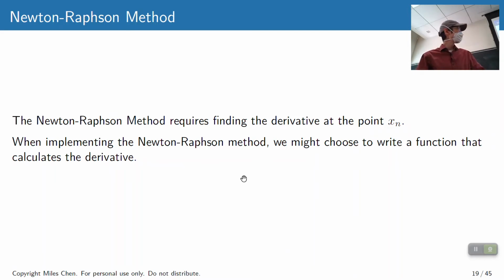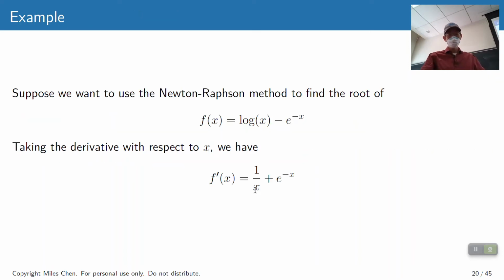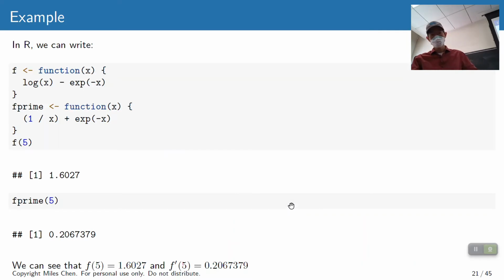If we're able to figure out the derivative, that's great. In the example we've been doing, we have log x and e to the negative x, and we take the derivative. The derivative of log x is 1 over x, and the derivative of e to the negative x is e to the negative x times -1, so with the chain rule, it becomes plus.